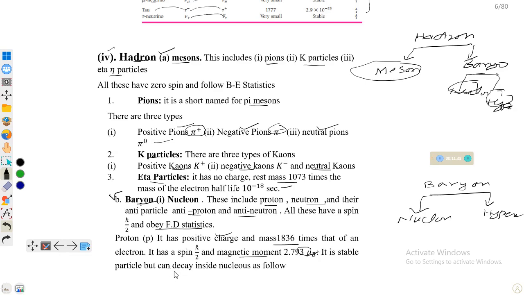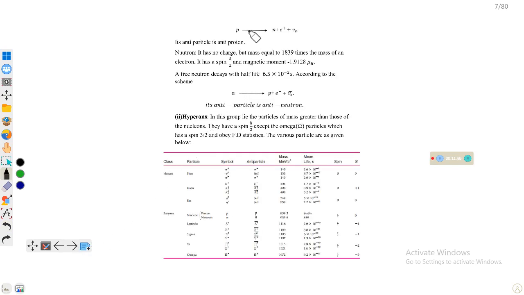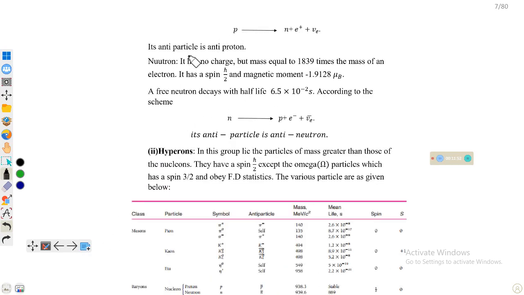It is a stable particle but can decay inside the nucleus. Proton is unstable inside the nucleus and converts into a neutron like this. Its antiparticle is the antiproton. Another particle is the neutron. It has no charge but a mass equal to 1839 times the mass of the electron.